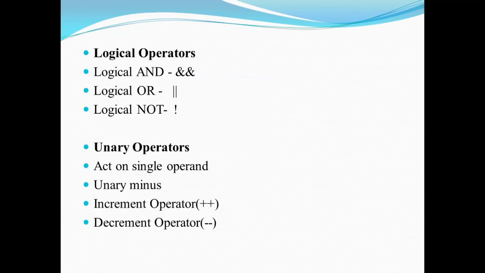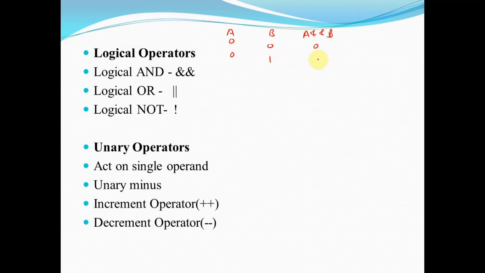Then the next group of operators is the logical operators. In logical operators we have logical AND, logical OR and logical NOT. The logical AND operator is a binary operator, so we simultaneously evaluate two values or relational expressions. If we consider the truth table for logical AND, with inputs A and B: if A and B both are 0, then the ANDing operation will result in 0.